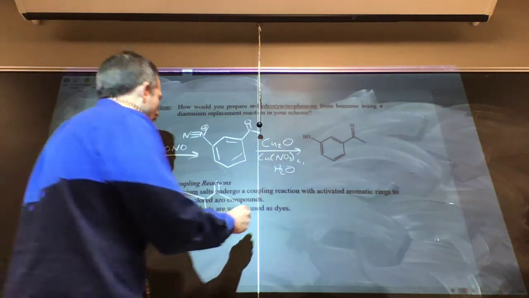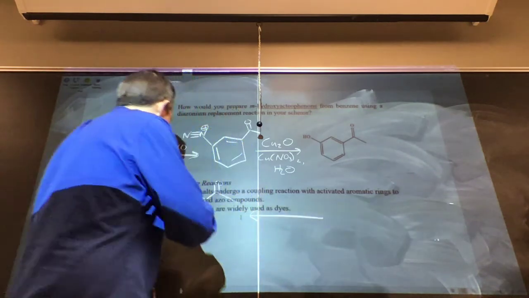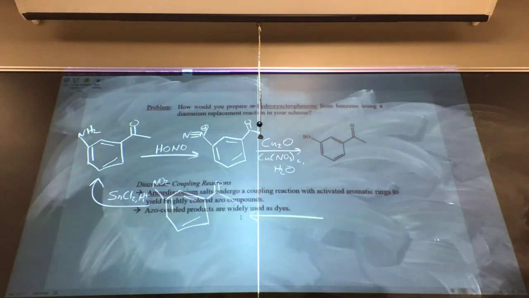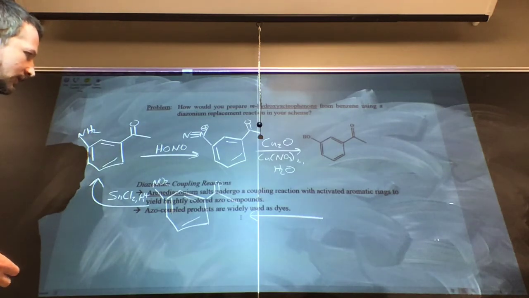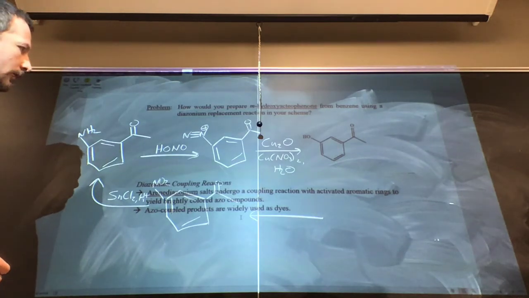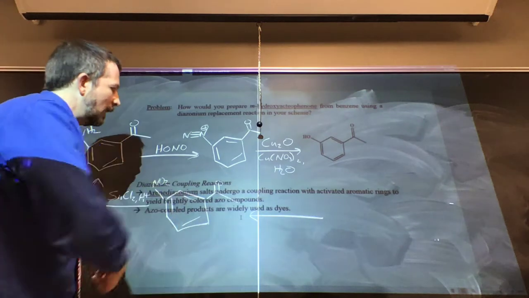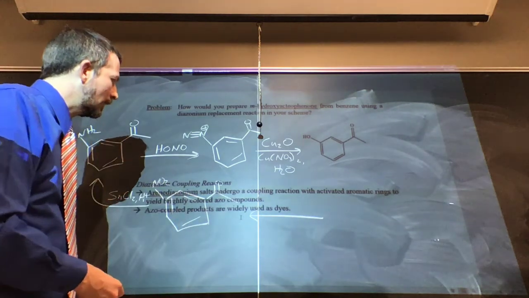And that's the reaction we covered. The tin chloride with the acid is the reaction we covered there. And we went over the aromaticity chapter at the start of the semester. So now these are both meta directors, so I could just add one or the other.